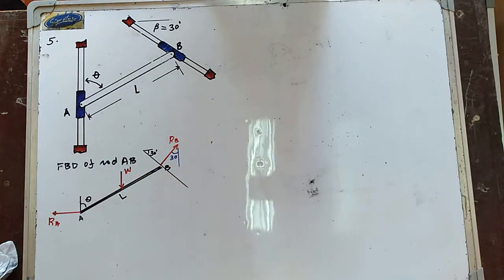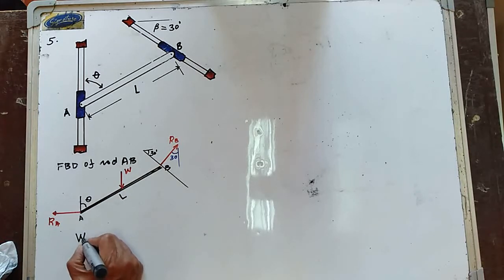Now, first, let us try to determine your weight W. So, the mass of the slender rod is equal to 8 kilograms.